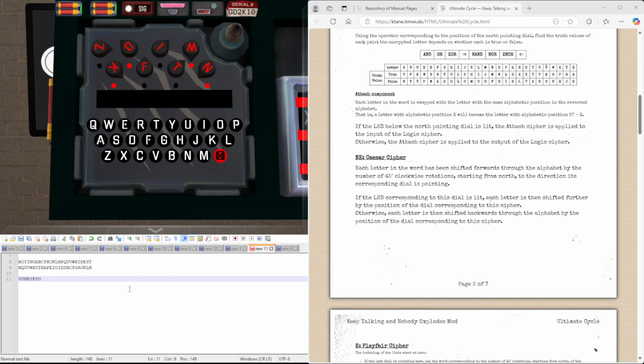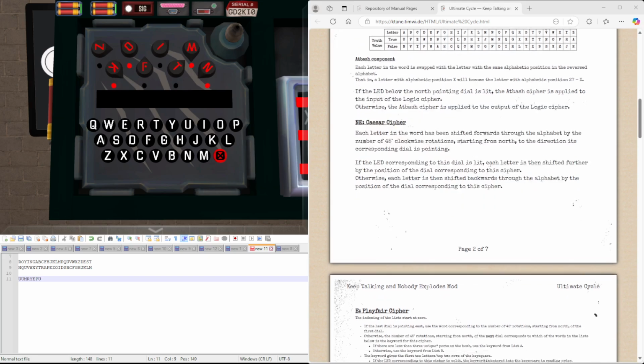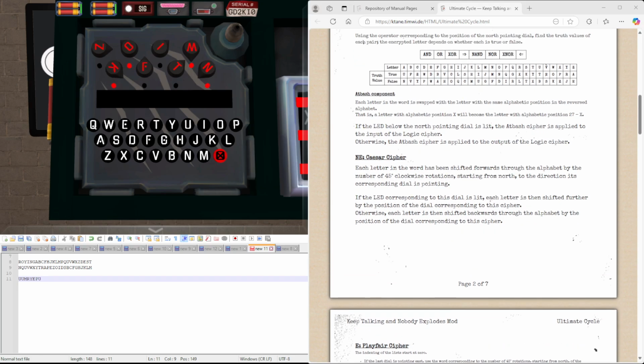Sweet. Each letter is shifted through the alphabet by the number of 45 degree clockwise rotations. So from north, the direction is pointing. If corresponding to this die is lit, which it isn't, otherwise each letter is shifted backwards through the alphabet by the position of the die corresponding to the cipher.